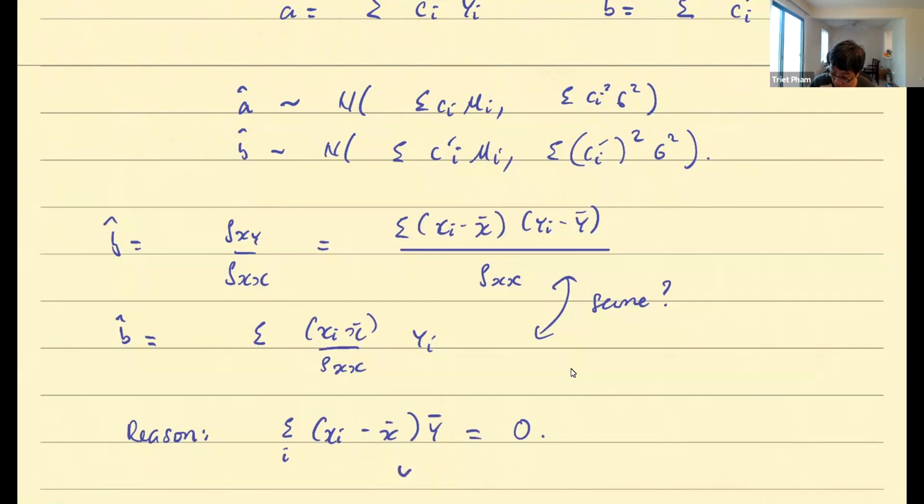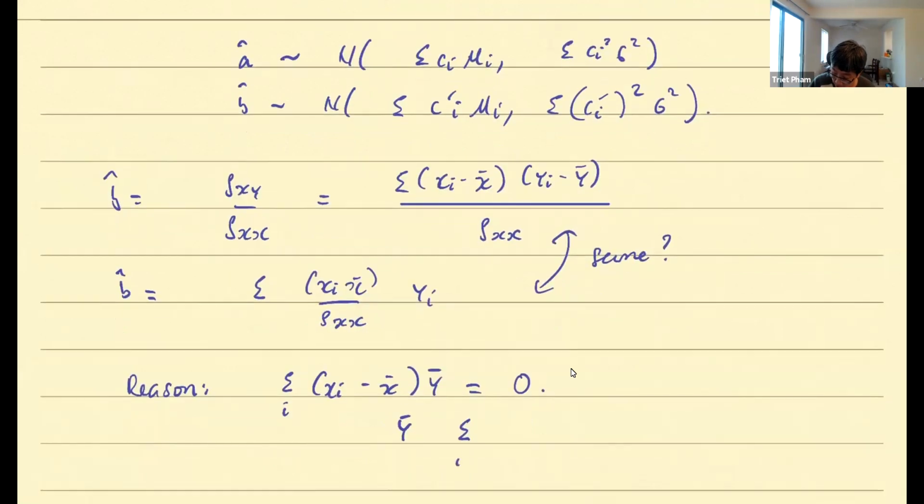So really, it's just y bar times the sum. But then do remember that summing xi and summing x bar is the same, because that's exactly what x bar means. x bar is the average of this guy. So when you sum them back up, they're the same. So that's why it's 0. Is that okay?